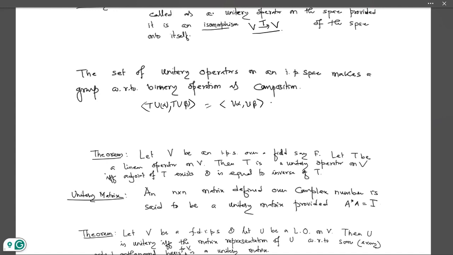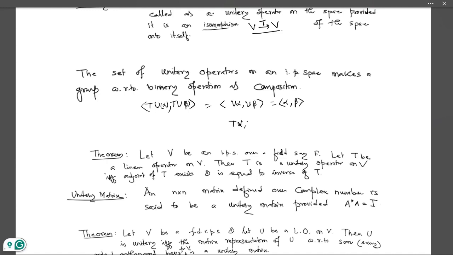But U also preserves inner product, so this becomes the inner product of alpha, beta. So composition is also unitary. And because unitary operators are isomorphisms from V to V itself, their inverse will exist. Once the inverse exists, that will also be unitary, from the same line of arguments.